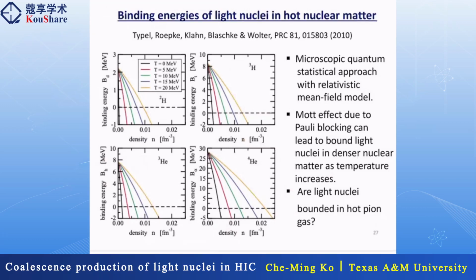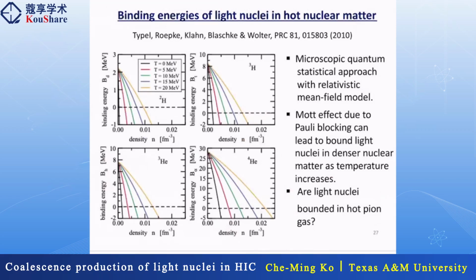Now, what we're talking about is the hot pion gas at RHIC and LHC. The nucleon number is small, most are pions, right? The nucleon to pion ratio may be a factor of 100, something like huge factors. Therefore, what are the deuteron properties or helium-3 properties and so on in the hot pion gas? Are they still bound, right?